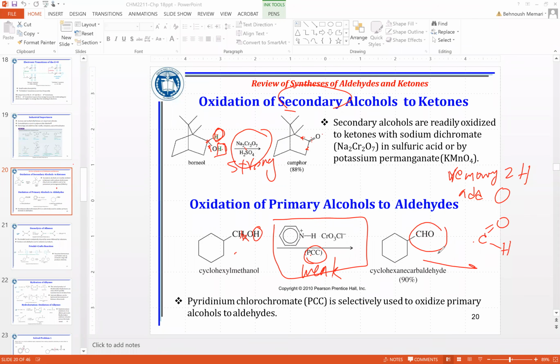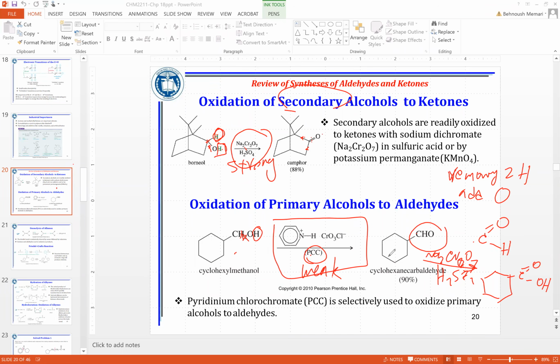If you use a strong oxidizing agent like sodium dichromate, Cr2O7, with H2SO4, this can go to the next step of oxidation, and it can give you a carboxylic acid.